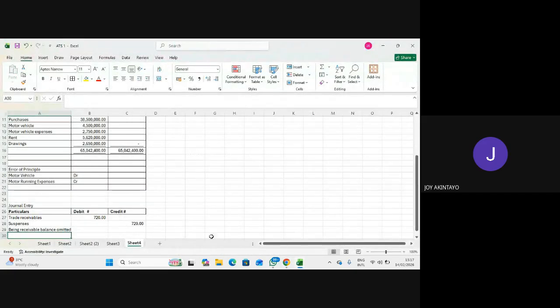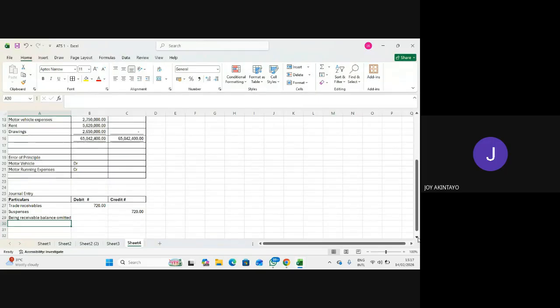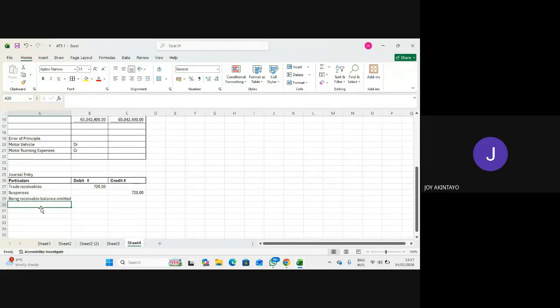So we debit our furniture account, being an asset, 5,760. Then repairs account will be credited with the same amount.